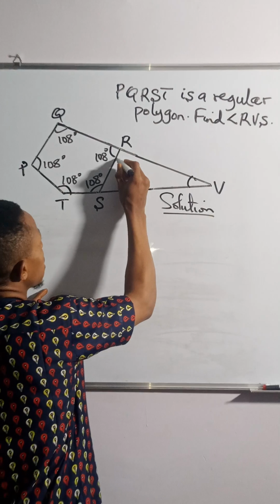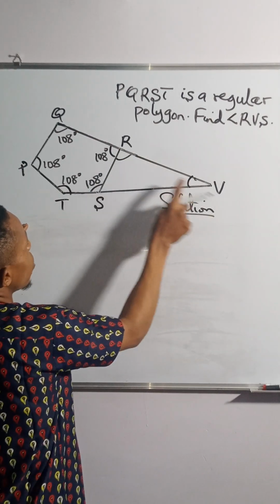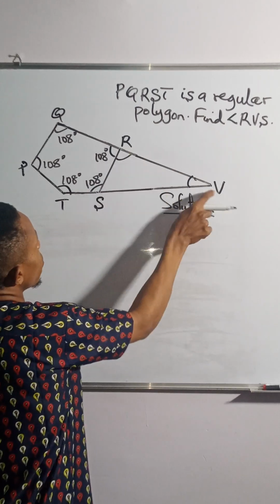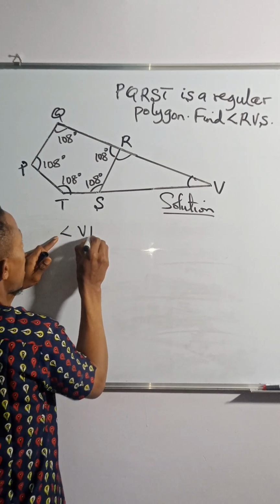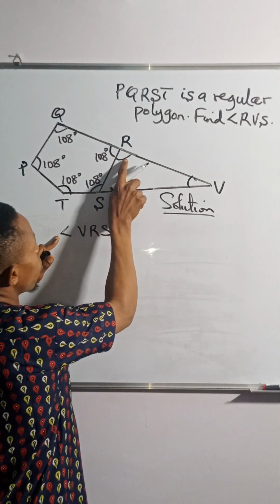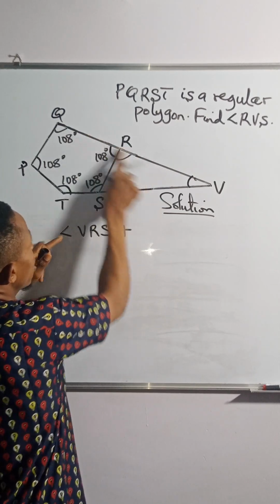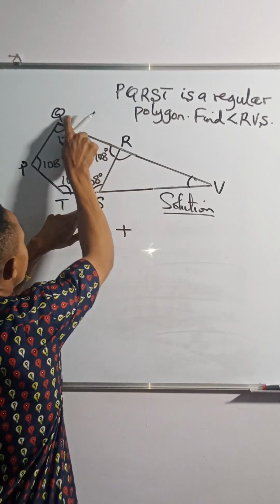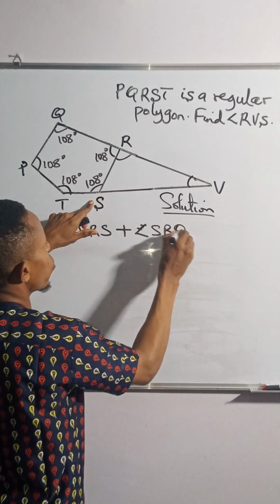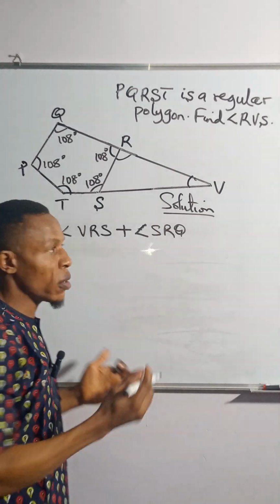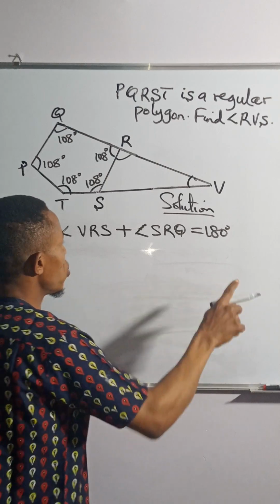Let's find this angle, which we can call angle VRX. Angle VRX plus angle XRQ, because they are both on a straight line, add up to 180 degrees. Sum of angles on a straight line.